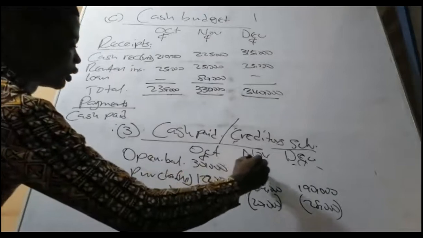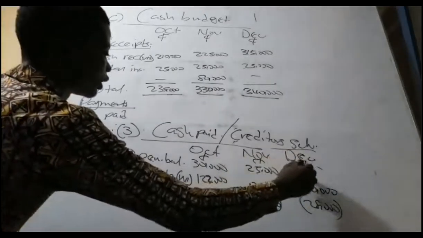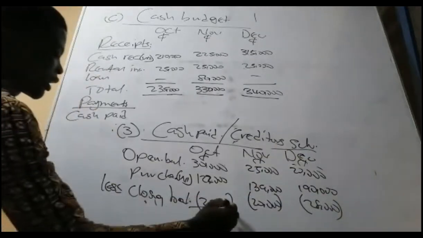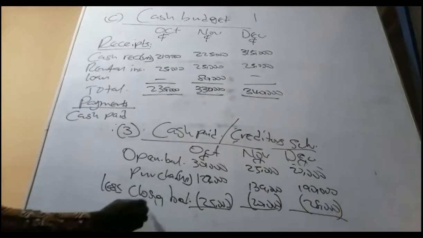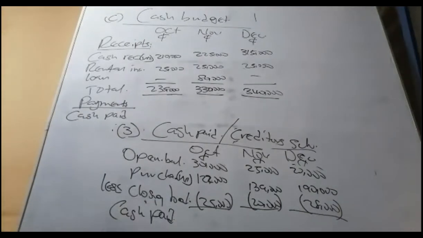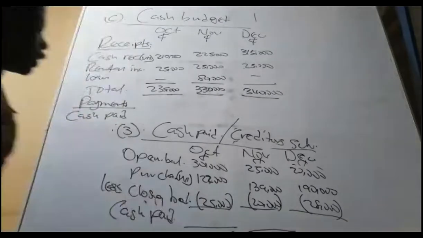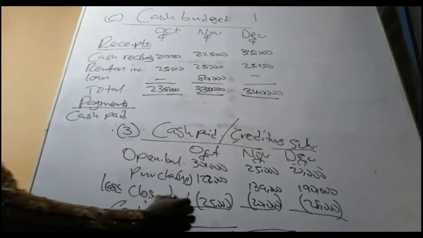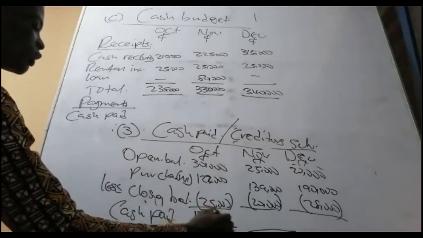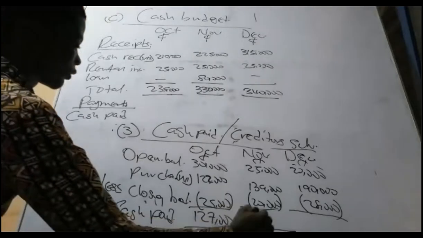That will be 25,000. Closing, now open here, 20,000. End it there. So this cash paid, you are done. Perfect. So therefore, take 25 off of 30, get 5. So 127,000. If you put them together, you add all. 25,000, take the 5. So 144,000.